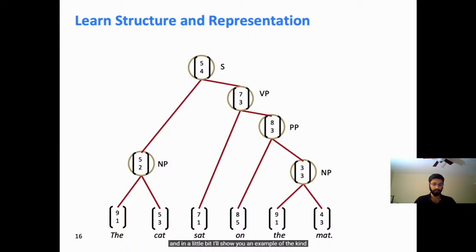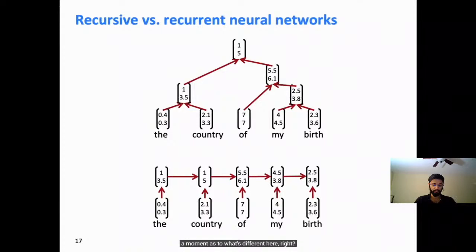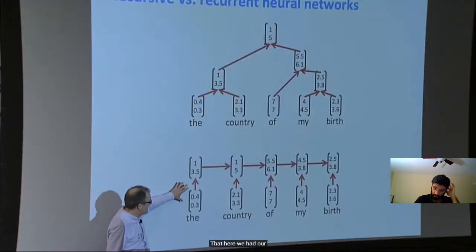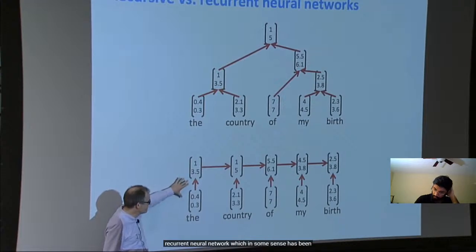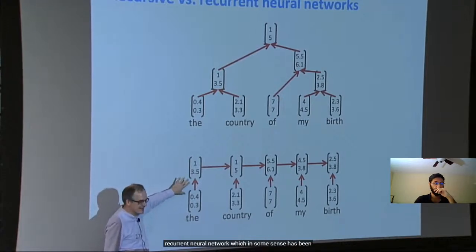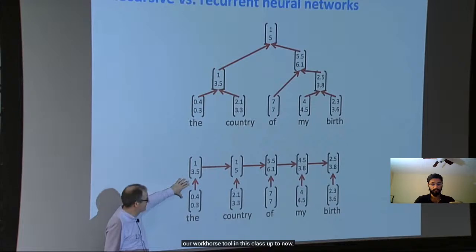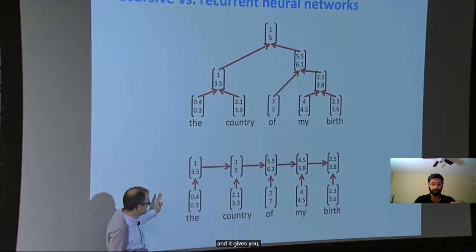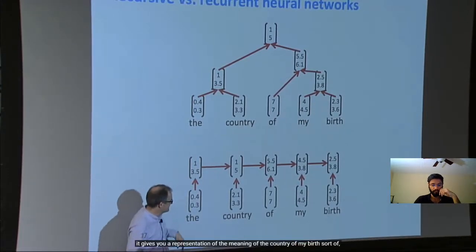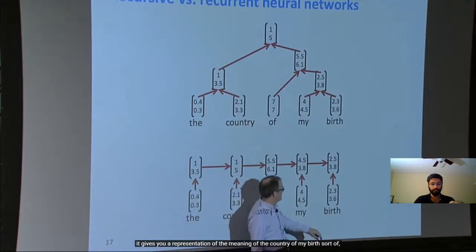And in a little bit, I'll show you an example of one way that you could go about approaching that. But before I do that, just stepping back for a moment as to what's different here. Here we had our recurrent neural network, which in some sense has been our workhorse tool in this class up to now, and it gives you a representation of the meaning of the country of my birth, sort of.